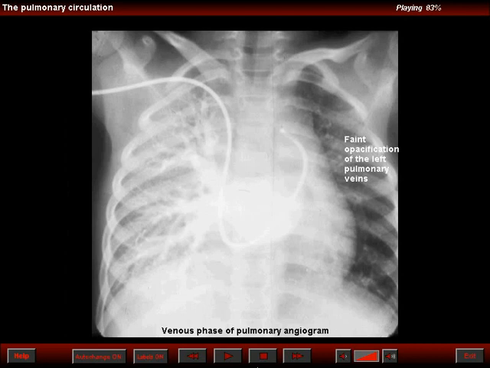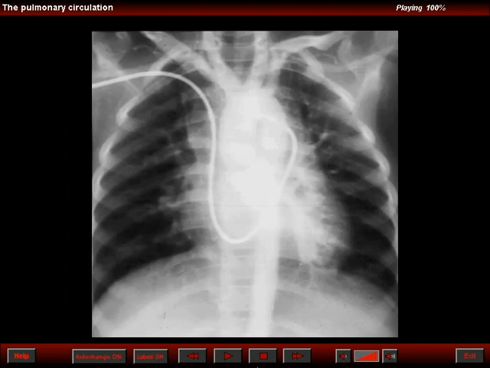Actually, they fill very faintly, and there is no adequate perfusion of the left lung. In a later angiogram where we already see the aorta, now we see the left pulmonary veins. So asymmetric pulmonary blood flow suggests an obstructing lesion in the proximal pulmonary artery.